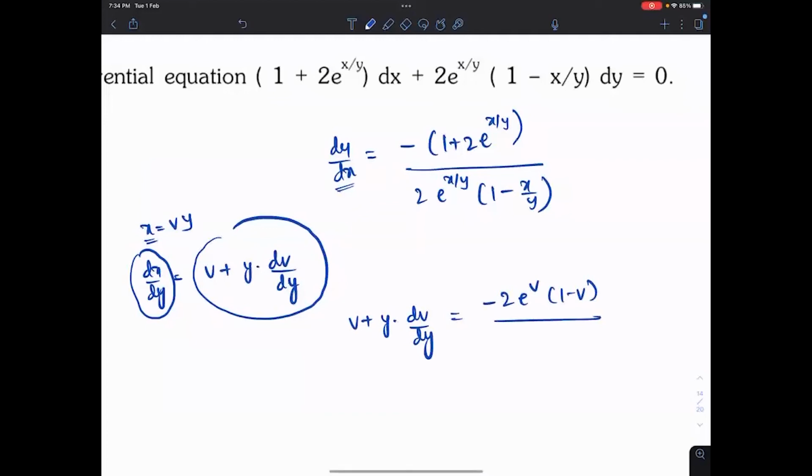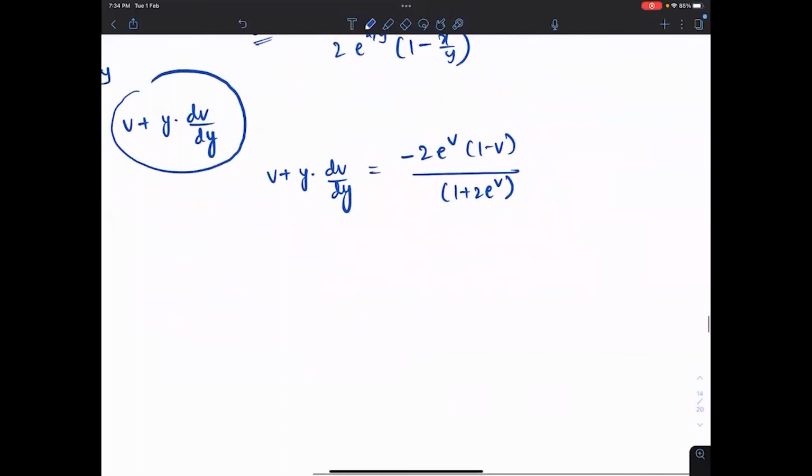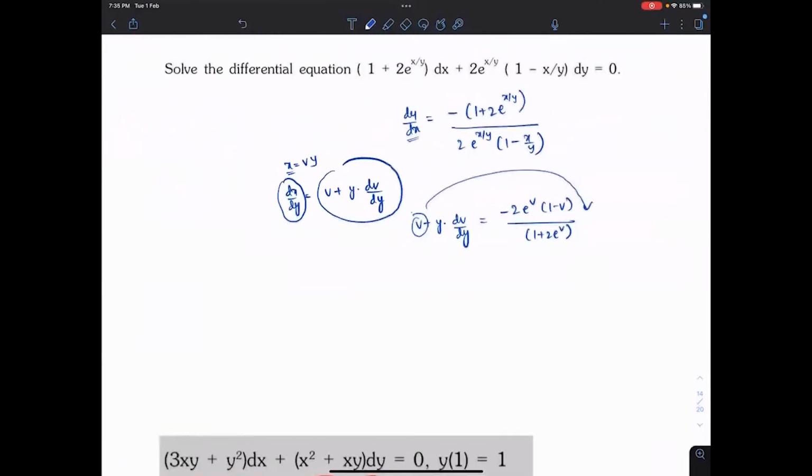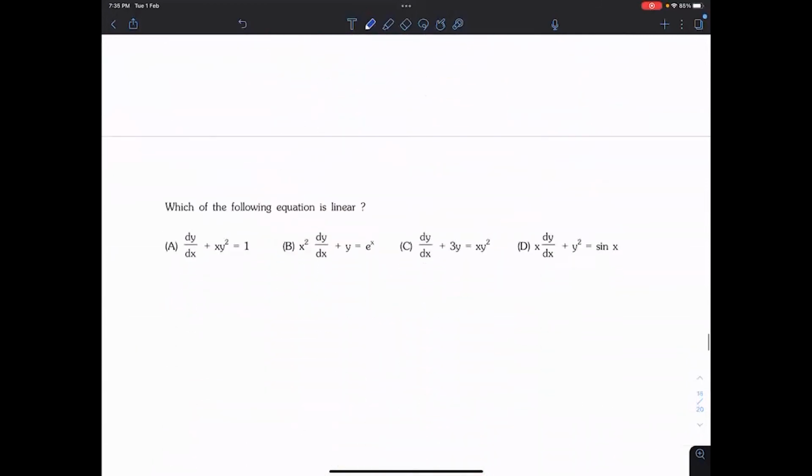Okay. Now, if you send v one side, then you will have all v terms on one side. Then it is variable separable only. So that's the idea, guys, for homogeneous differential equations.